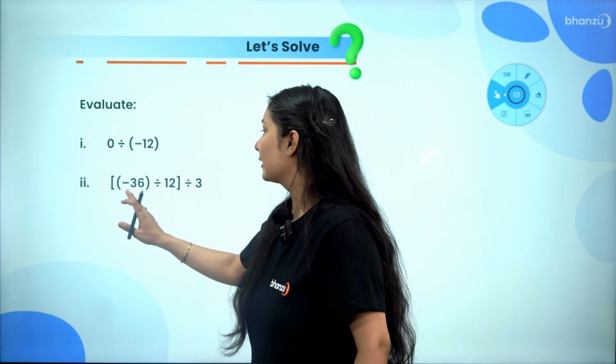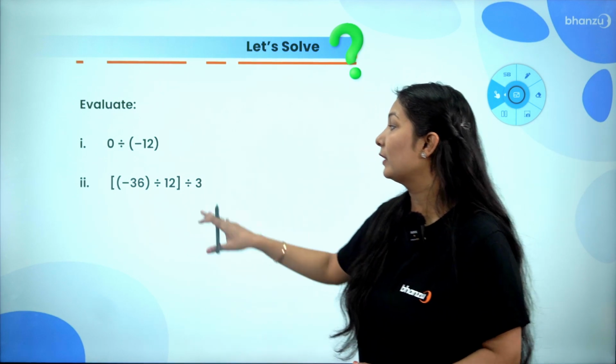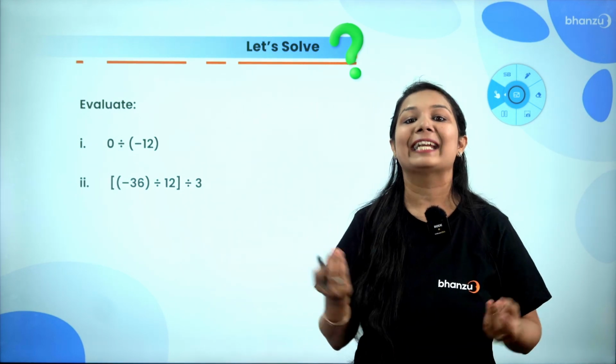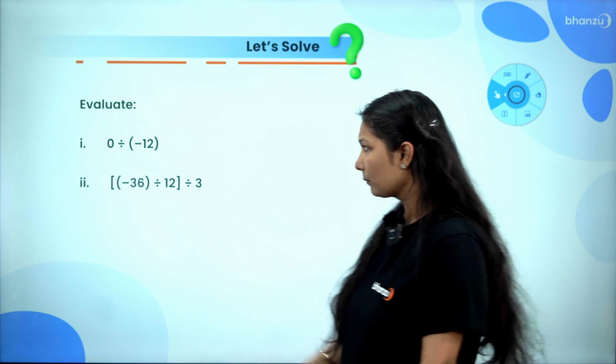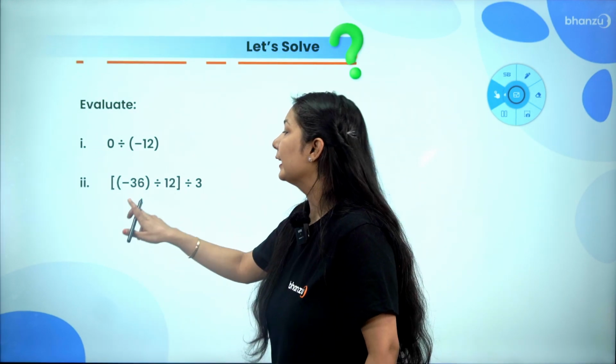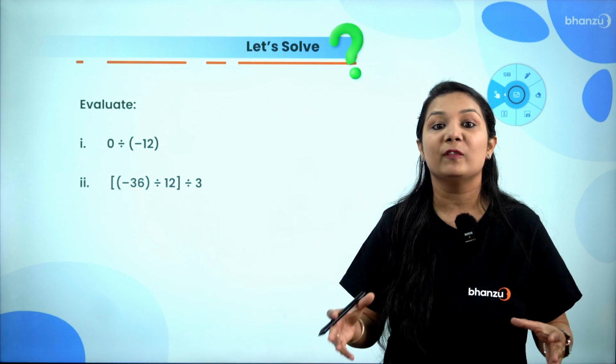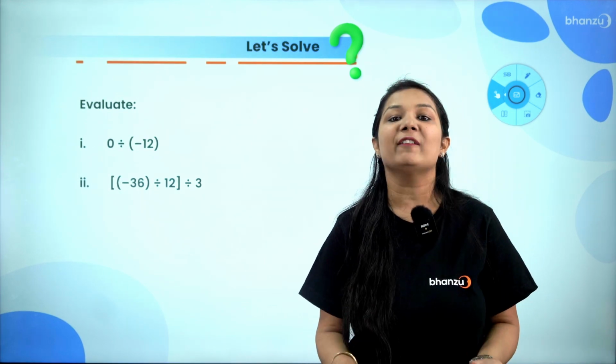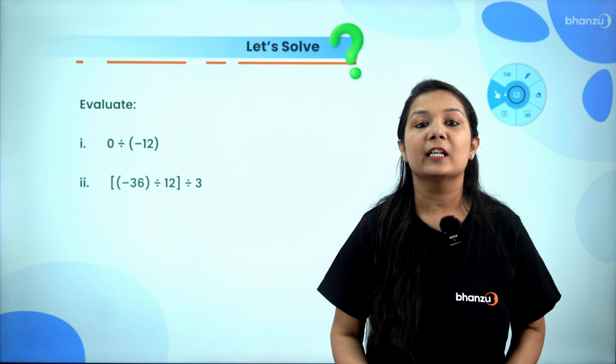Next is -36 divided by 12, then divided by 3, but we have a bracket. That means the bracket needs to be solved first. In the bracket you have a negative integer divided by a positive integer. What happens if we have different signs of integers to be divided? We get a negative quotient.